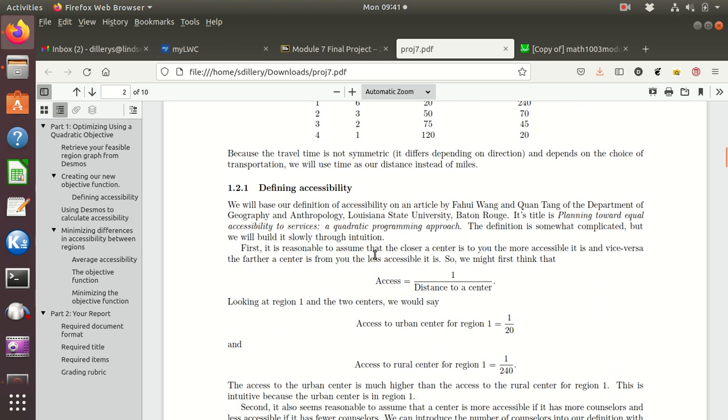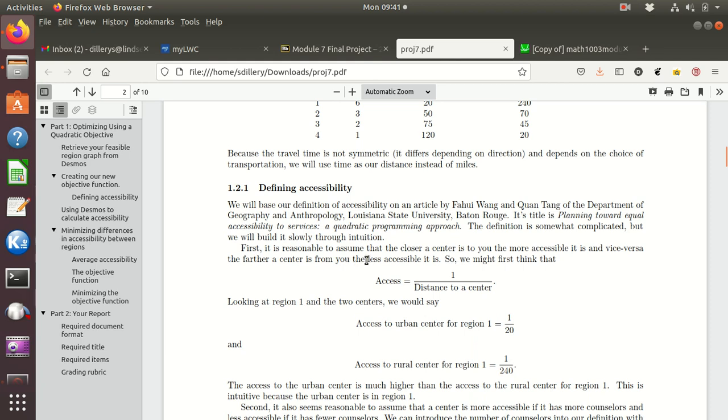And so this just goes through some intuition as to how these people, Wang and Tang, define accessibility. And actually, they weren't the first to do it this way. They, in the paper, mention other people who have done this.